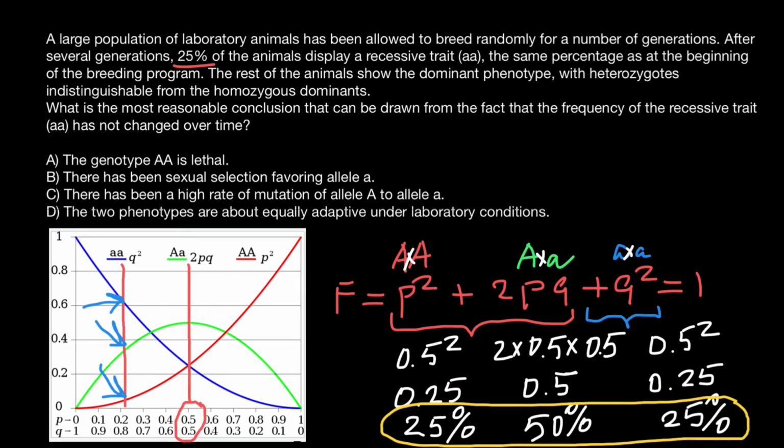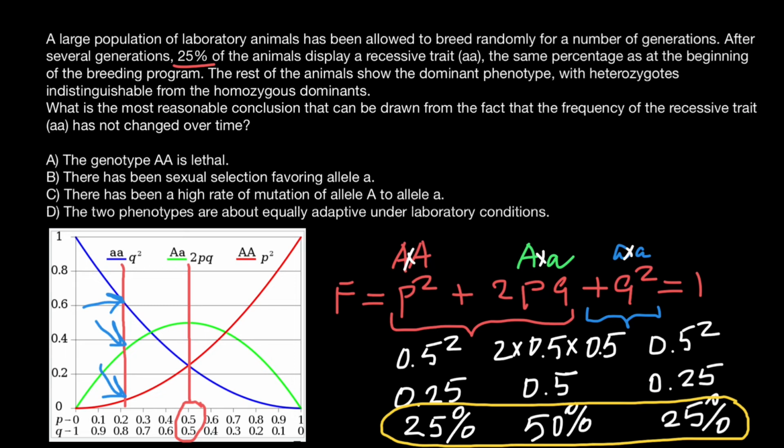Then from one generation to another we are going to have a change in allelic frequency, and that means also a change in phenotypic frequencies. According to our problem, the frequency of the homozygous recessive genotype doesn't change from one generation to another.